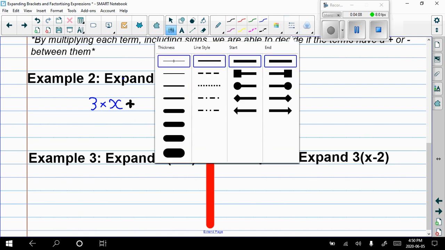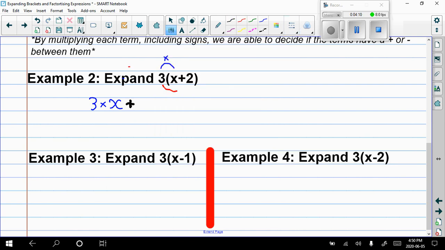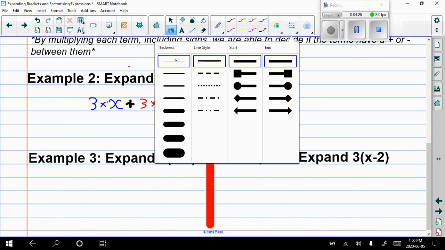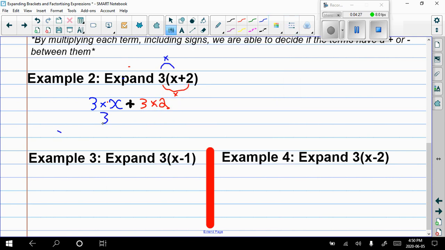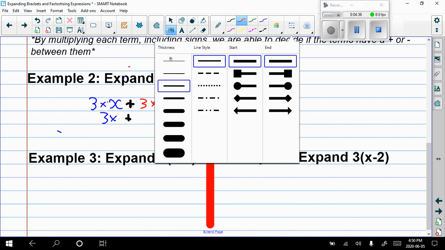And on the right side, we have 3 times 2. After you get used to doing this enough times, you won't have to do this middle step most likely, but if you have to, it's not that bad. So 3x, and then plus, well, 3 times 2 is simply 6.